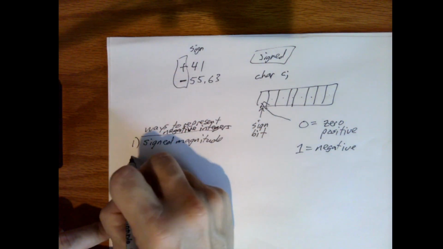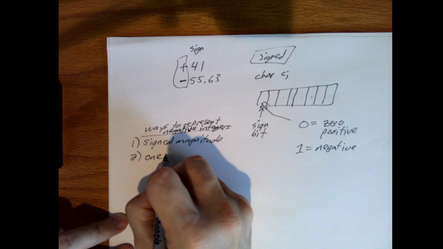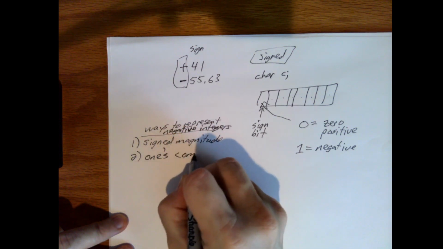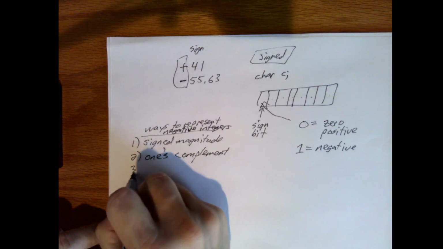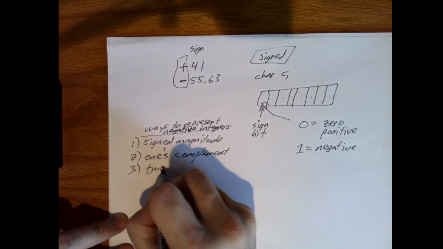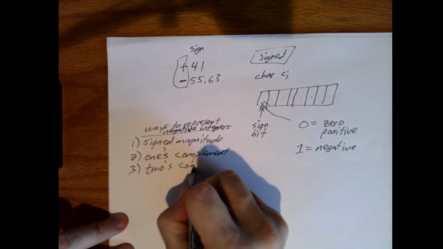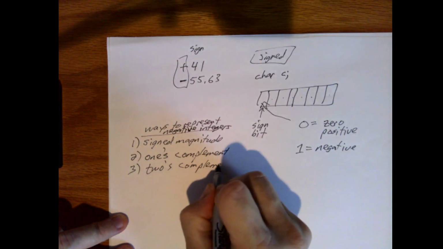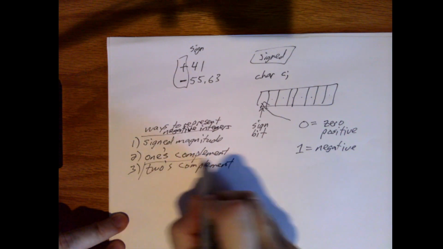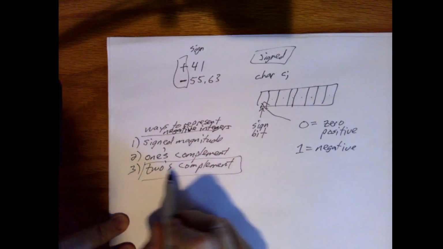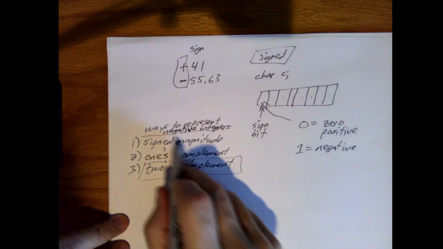Another's called 1's complement. And then 2's complement. Just to jump ahead, I'll tell you most modern computers use this. So most of our discussion will be based upon this. But let's see the differences between these.